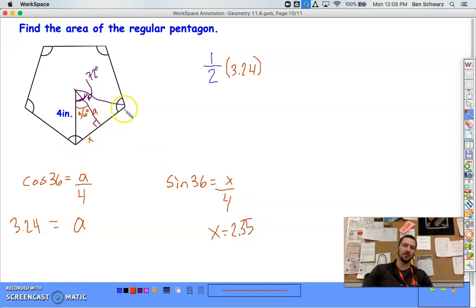So we've got to times it by 2 to get the whole thing, and then times 5, so really times 10. That's going to give us a perimeter of 23.51. So we multiply all that together, and we get about 38.09 inches squared.